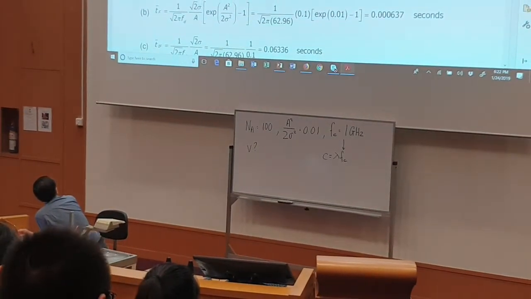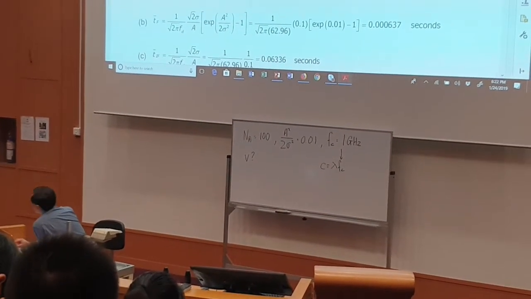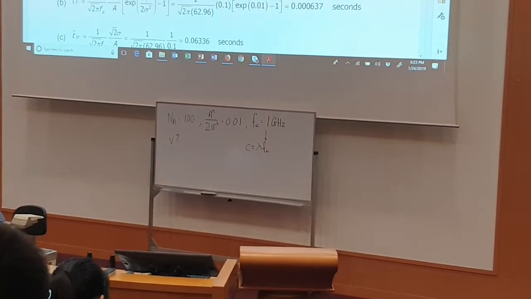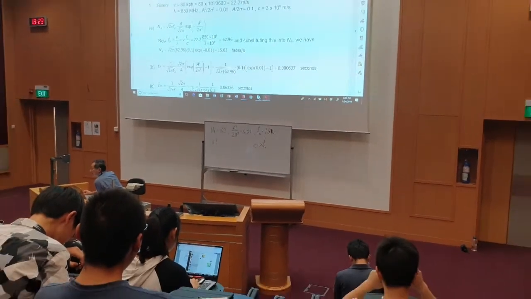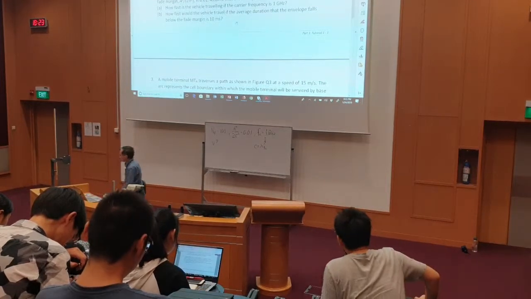This fade margin is already given to you. This is 0.01, so this is 0.1. This is given to you, this is 100, therefore you can find FD. FD is V over lambda. So if you know FD and you know lambda, you can find V. Got it? That's part A.